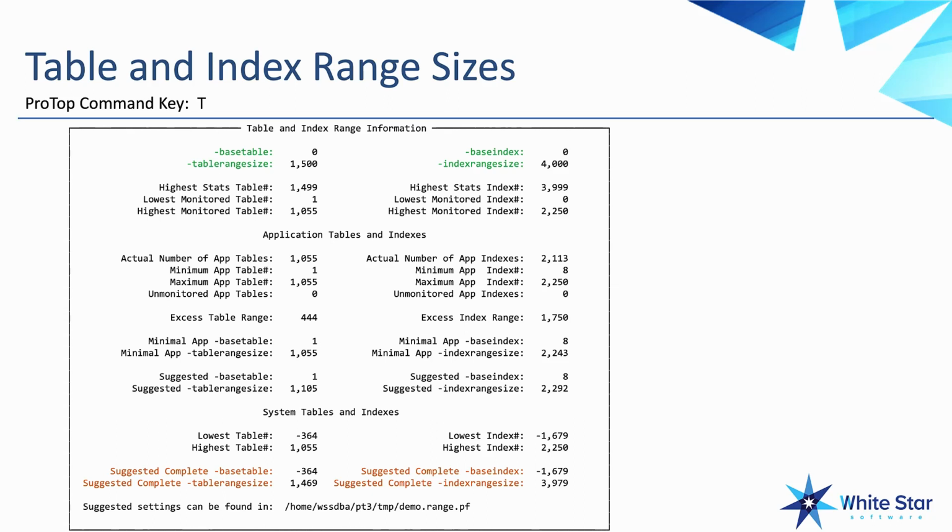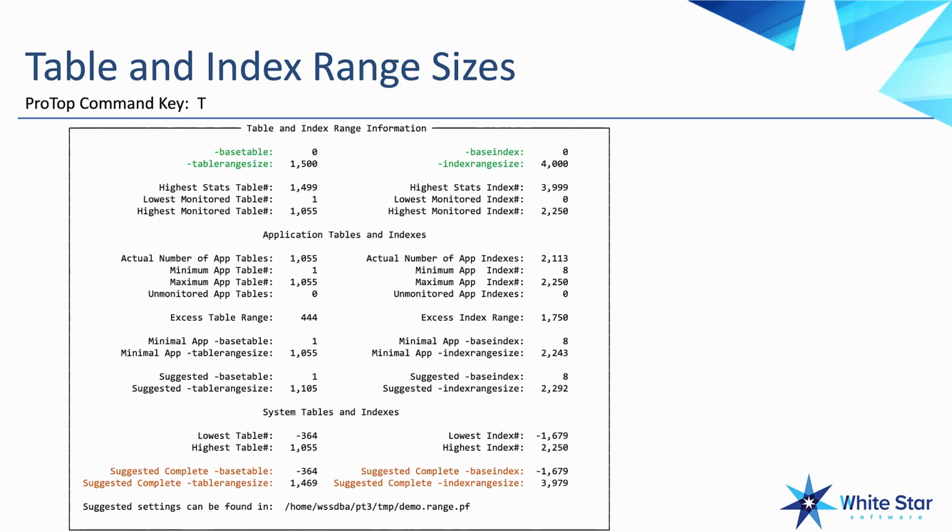There are basically two approaches you could take. You could set things up so that application tables and indexes are covered, which is the minimal approach here. Or you could go for the complete approach, which includes the system tables and indexes. So you'll be able to see what's happening with the schema information.